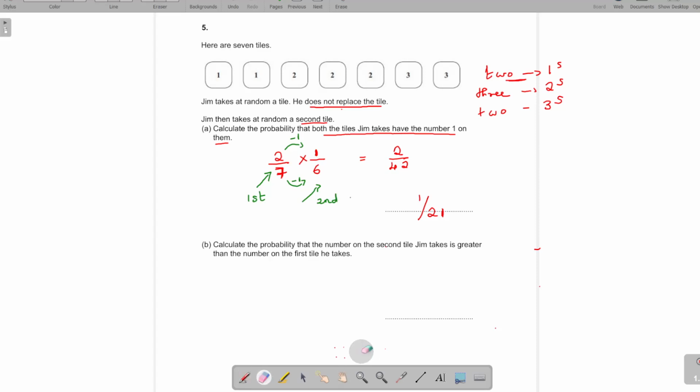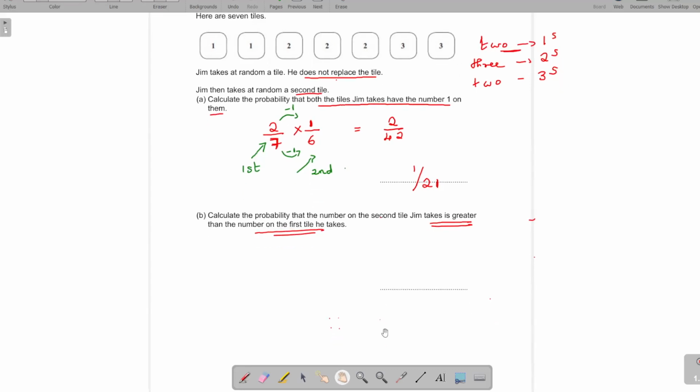Calculate the probability the number on the second tile Jim takes is greater than the number on the first tile. So what are the possibilities there? Let's write the possibilities. Try and do without the tree diagram. This is the second. So he could take 1 on the first.